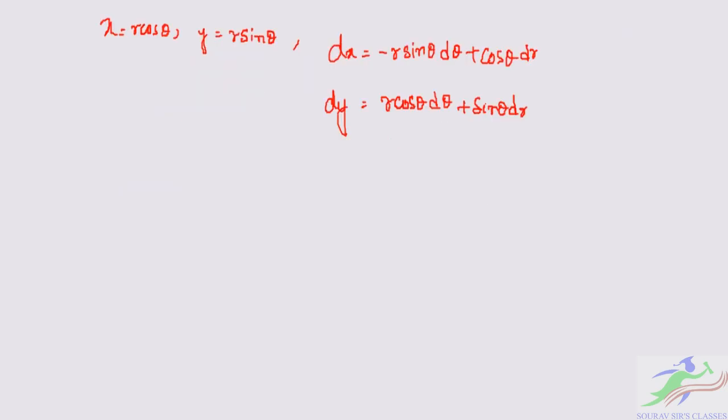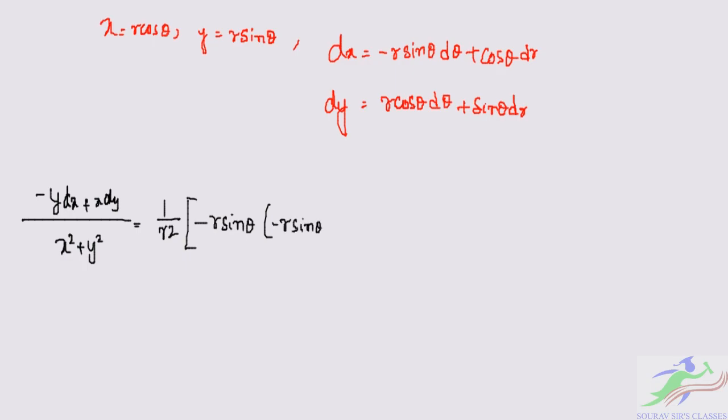Now putting these values in the integral, minus y dx plus x dy by x square plus y square is equal to 1 by r square times the bracket: minus r sin theta times (minus r sin theta d theta plus cos theta dr), plus r cos theta times (r cos theta d theta plus sin theta dr).